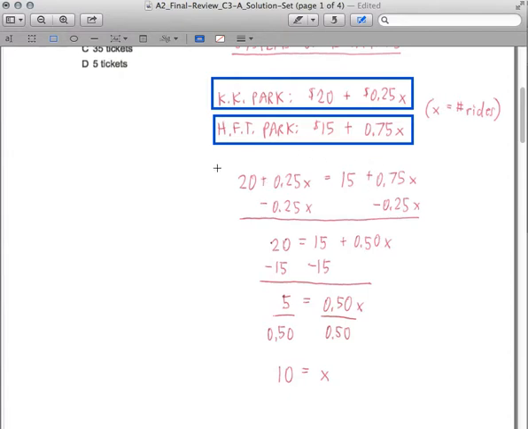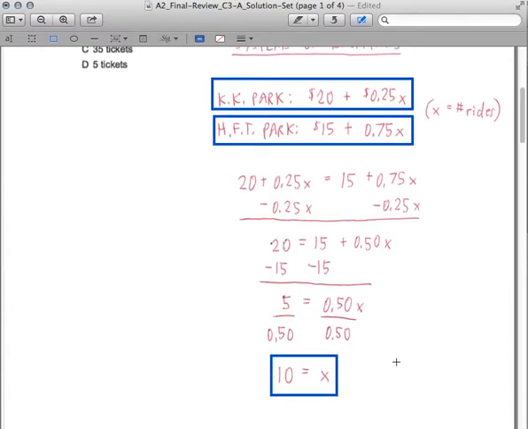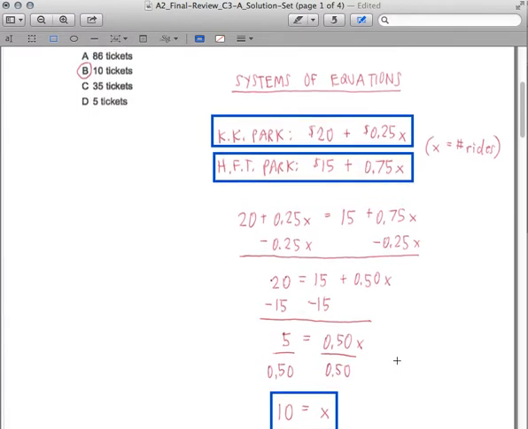We go through our standard algebraic steps to solve for a variable: combine like terms, add or subtract terms away from the variable, and then multiply or divide to create positive 1 as our coefficient. And we can see here that x equals 10, which means 10 tickets. So if you buy 10 tickets at either of these amusement parks, it will cost the same amount of money.